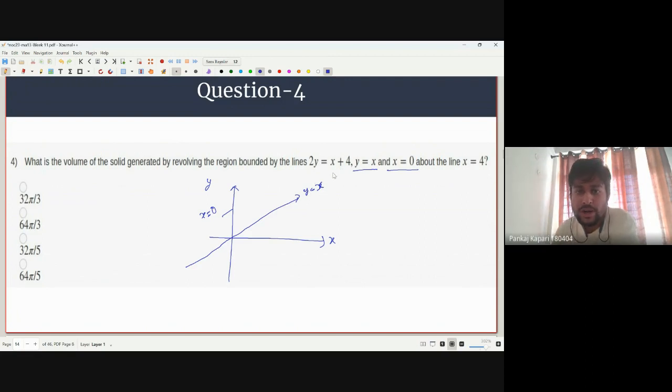And then we have this 2y equal to x plus 4. So let's draw this line. We'll just find out 2 points.